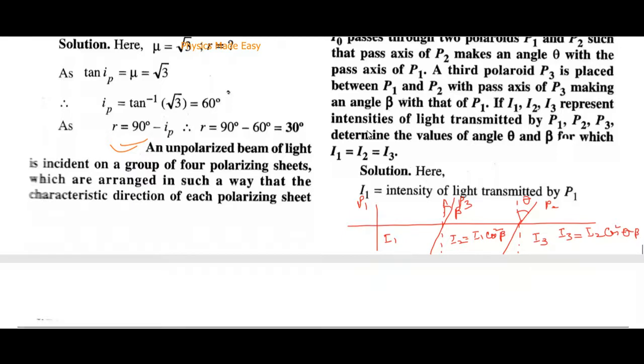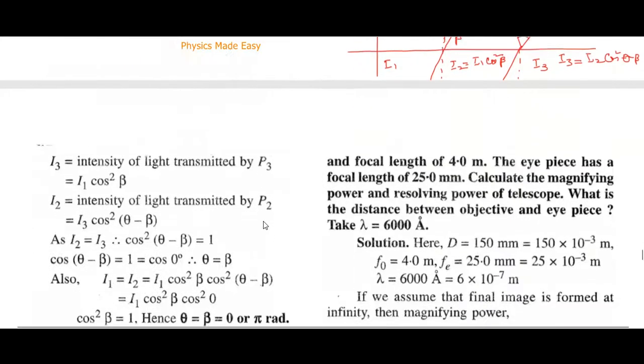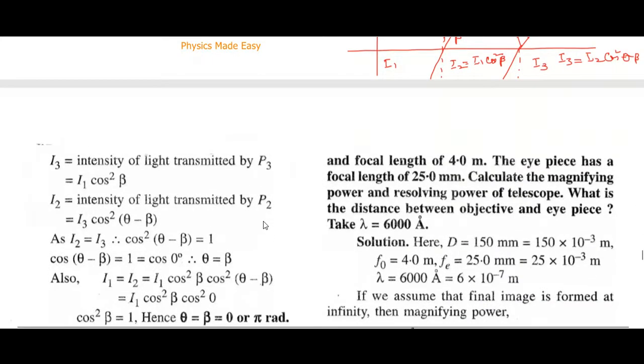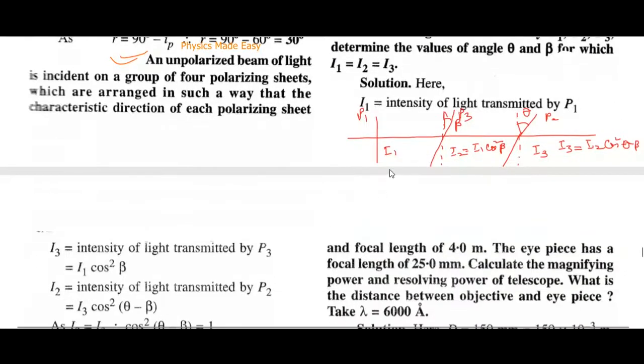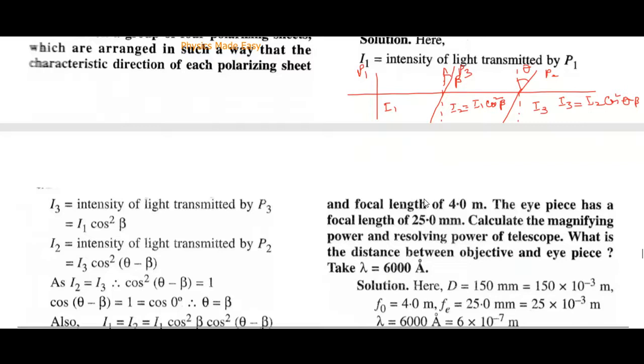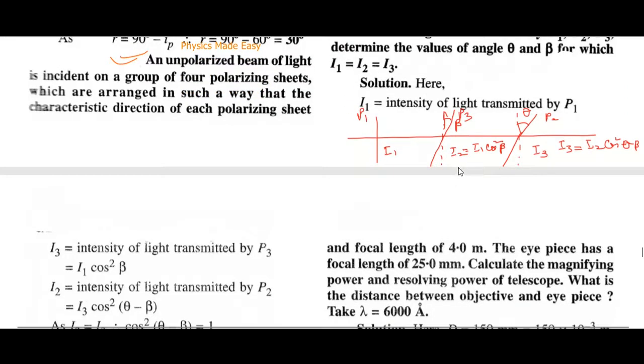This is something that is to be understood. Now he says I1 is equal to I2. So this is I1. I2 is I1 cos square beta. Actually, he has taken this as I3 because this is P3.